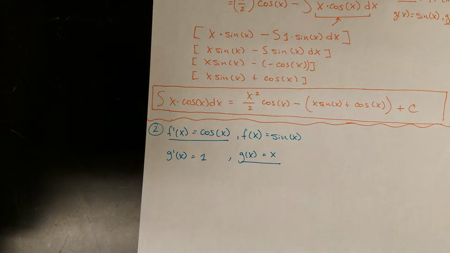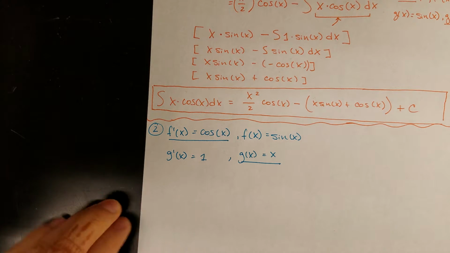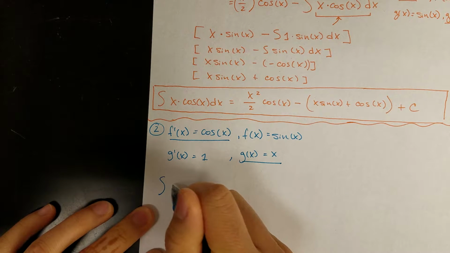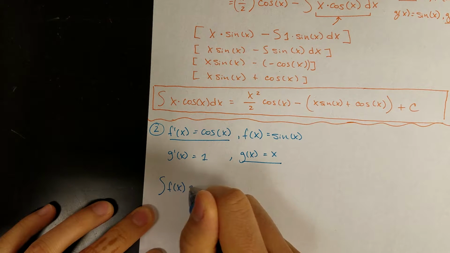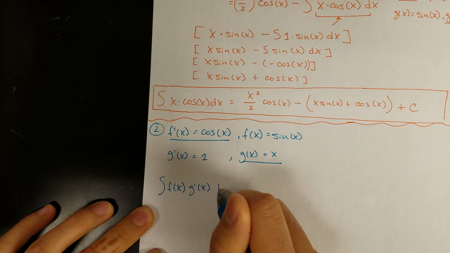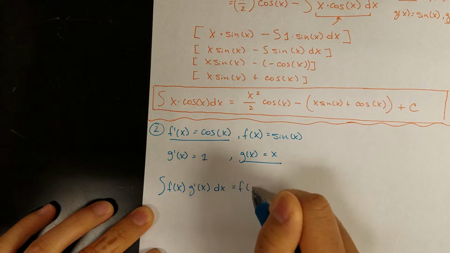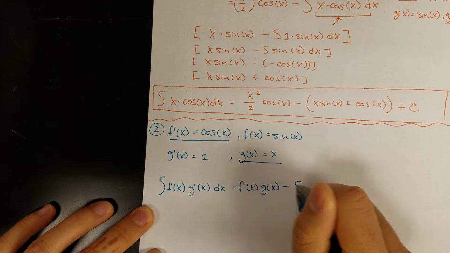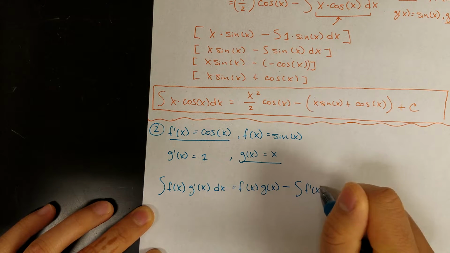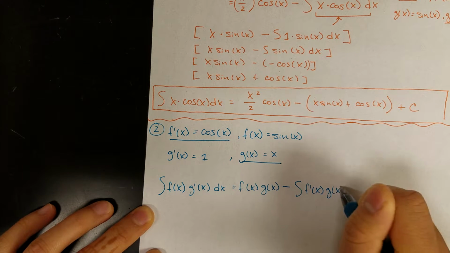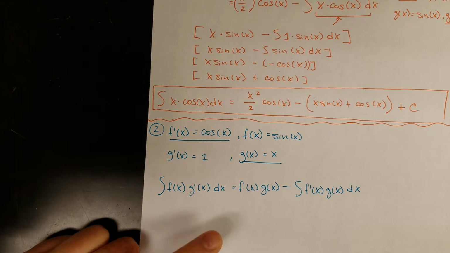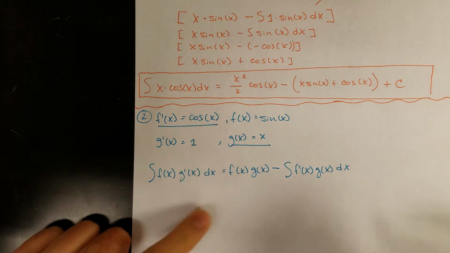Again, let's rewrite our formula just for ease. It equals f of x times g of x minus the integral of f prime of x times g of x dx. We can just plug and chug real quick.